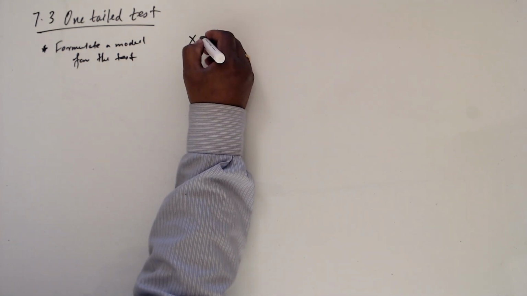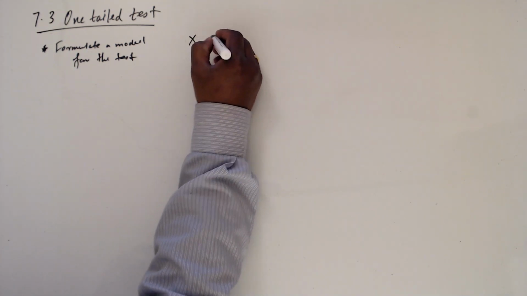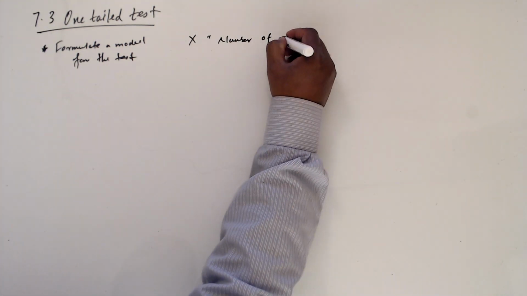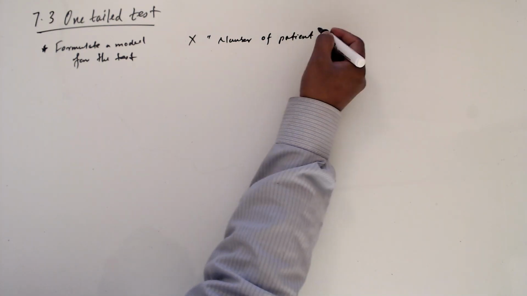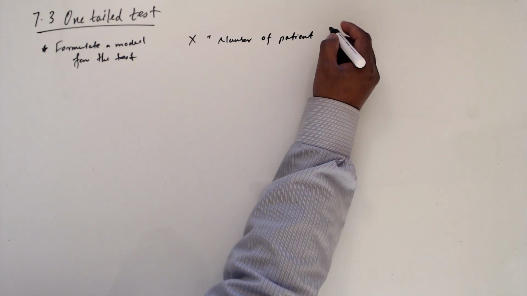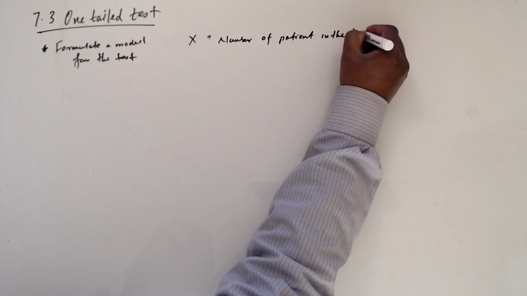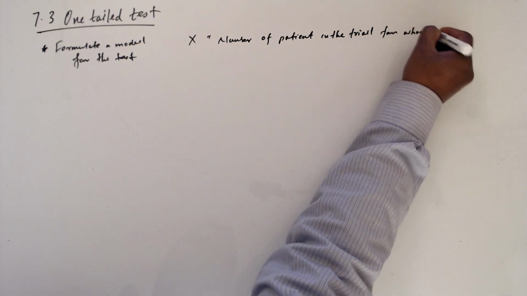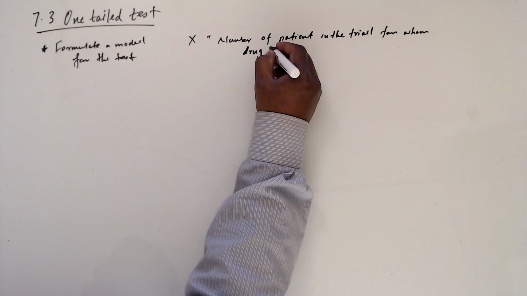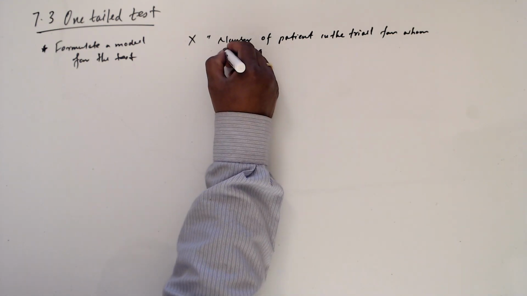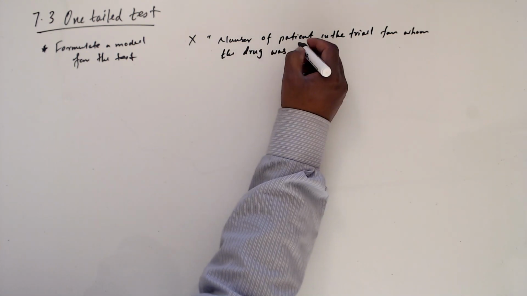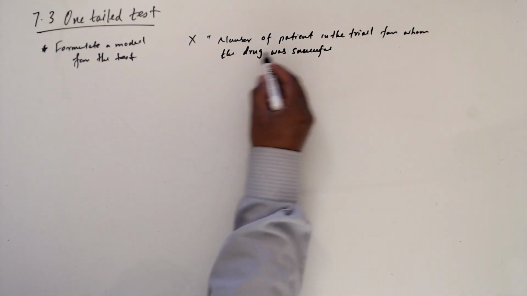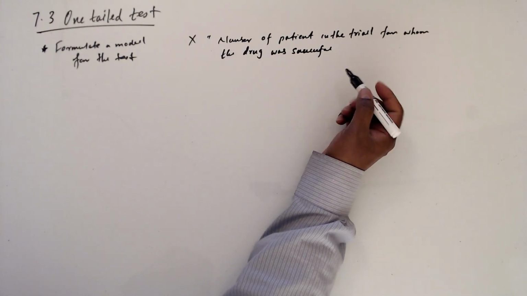We can define the test statistic X: the number of patients in the trial for whom the drug was successful.